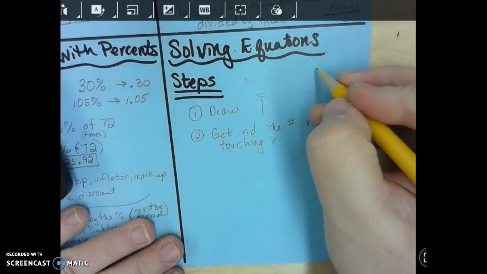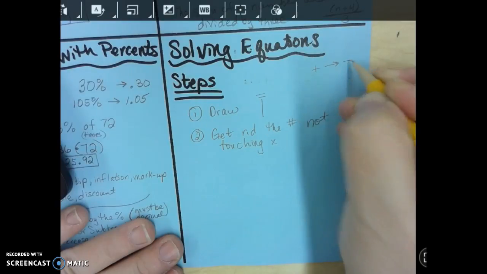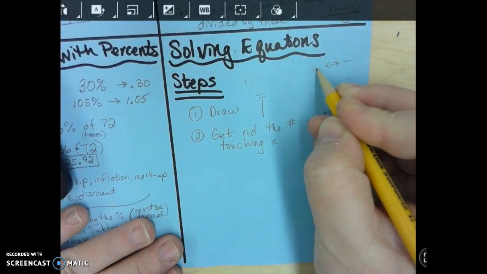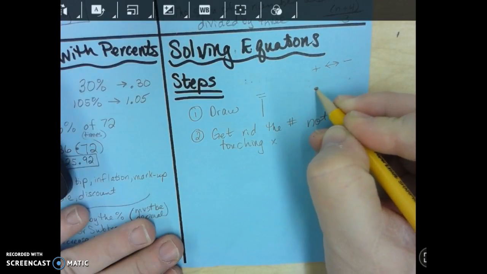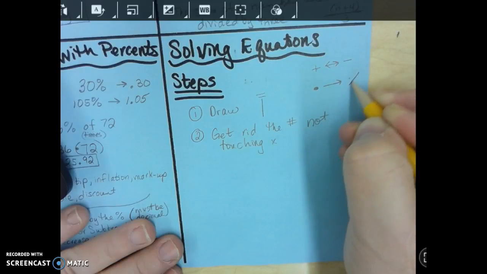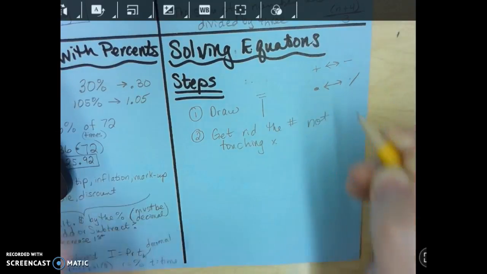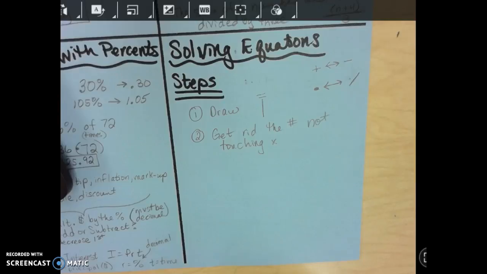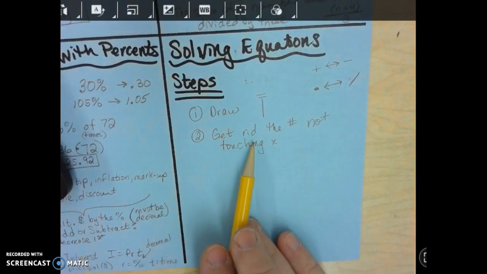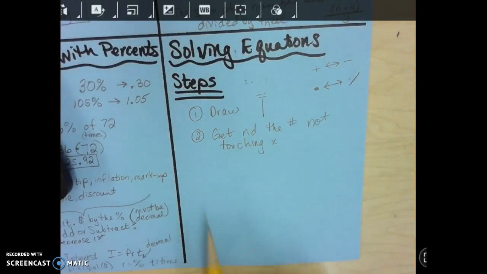And then remember, we do opposites. So if I have a plus, I'm going to minus, and if I have a minus, I'm going to plus. If I have a times, I'm going to divide, and if I have a divide, I'm going to times. So you get rid of what's on the outside the most, and then you get rid of what's touching it.